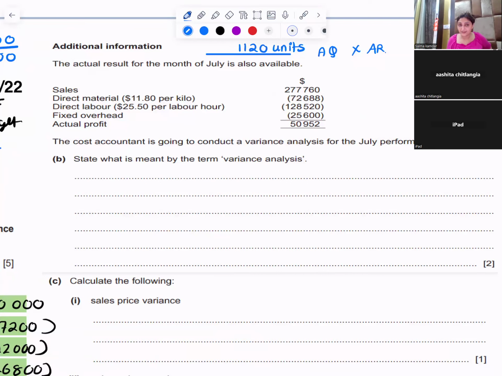So I want the actual rate also. To get the actual rate, what will I do? Divide all this cost given by how many units? 1120. So divide by 1120 and give me the actual rate. Other than fixed overhead, you will find the actual rate for everything. So this is 248.